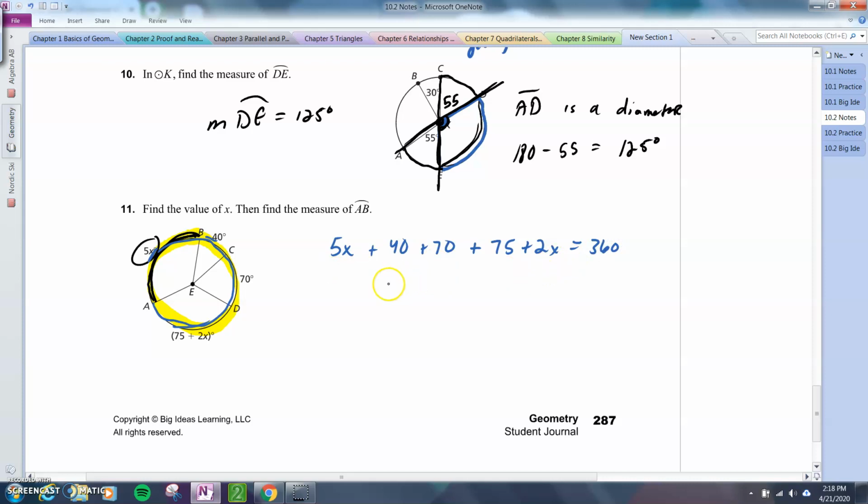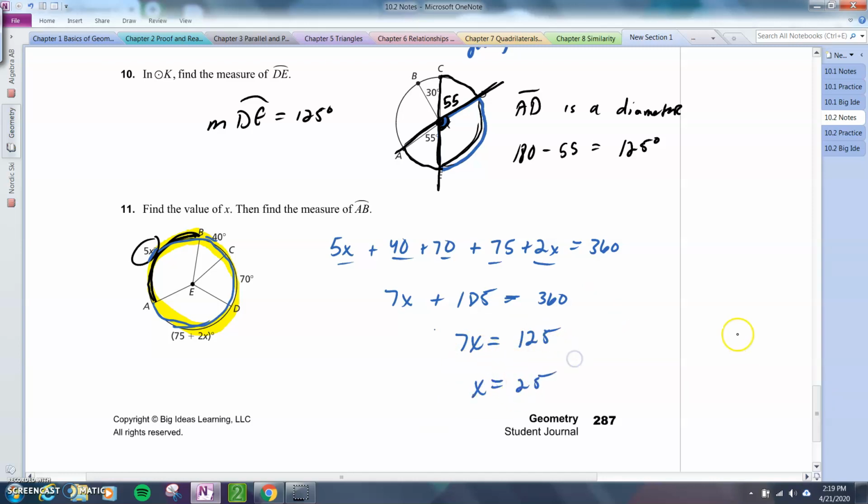If I clean this up a little bit, looks like I got 7x plus, what do we got? 110. This is going to be 185. If I add up all these numbers, setting this equal to 360. If we subtract 185 from both sides, we get 175, and then I know I need to divide both sides by 7.